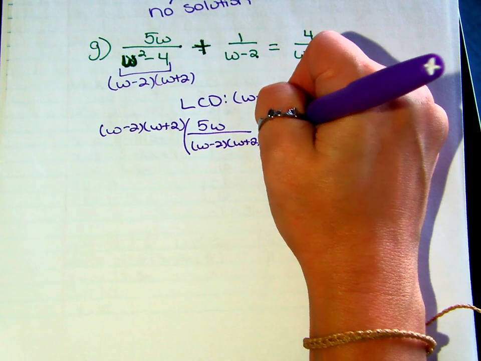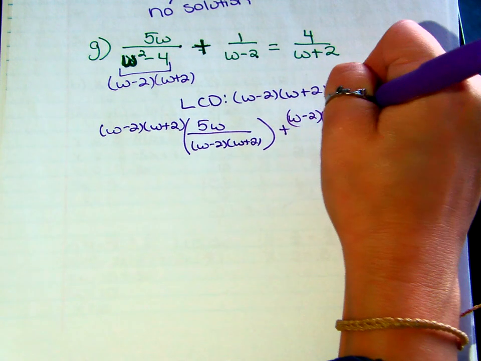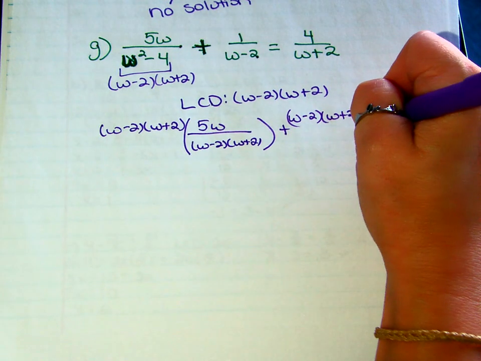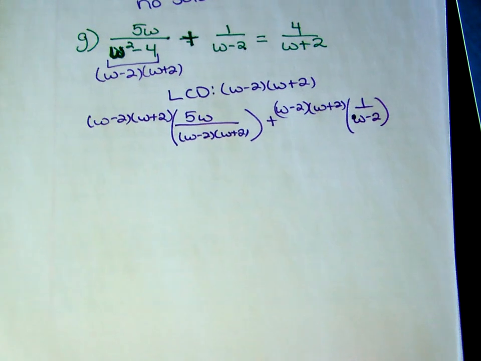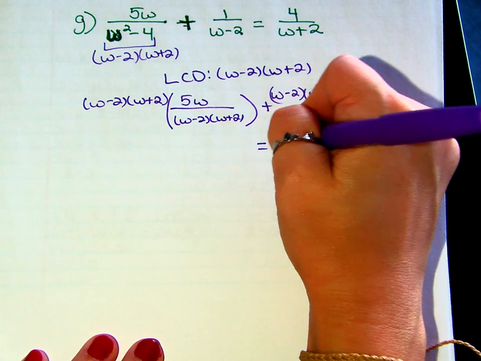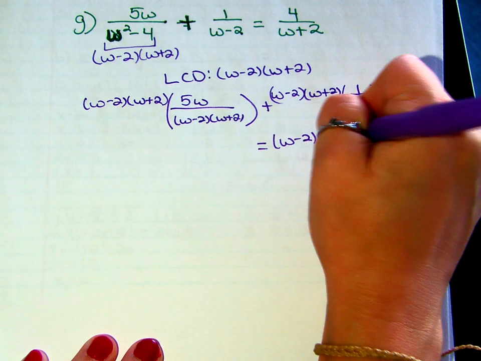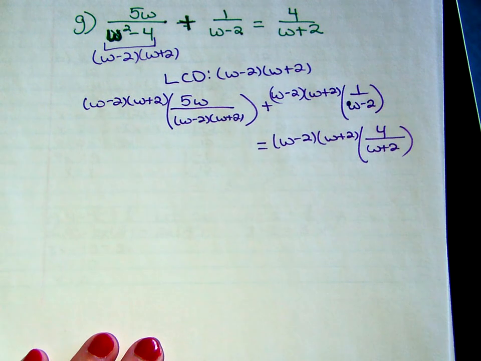Plus w minus 2, w plus 2, times 1 over w minus 2, equals w minus 2, w plus 2, times 4 over w plus 2.